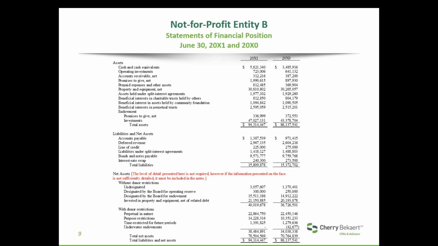And then with donor restrictions, you have your perpetual in nature, so what was probably permanently restricted, and then those that were temporarily restricted, such as purpose restrictions, time restrictions, and underwater endowments. You may see that the underwater endowments is a change from where it would previously be reclassified or shown, which we'll discuss in a little more detail later on.